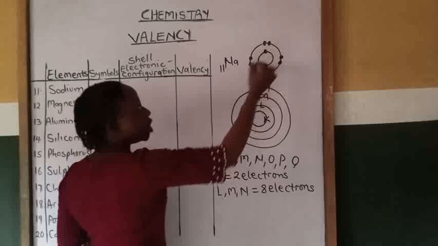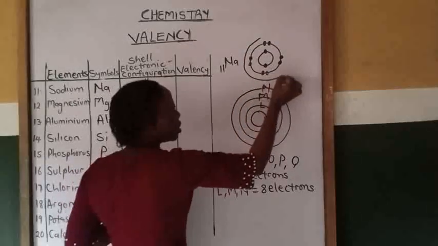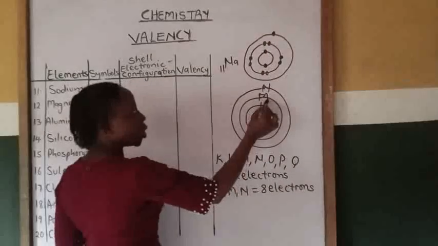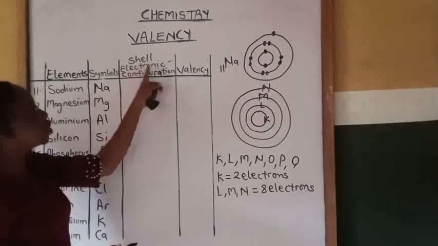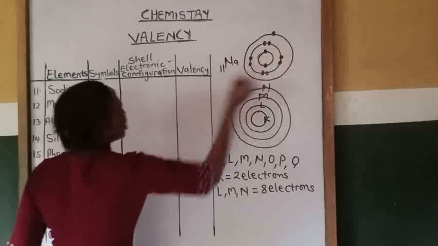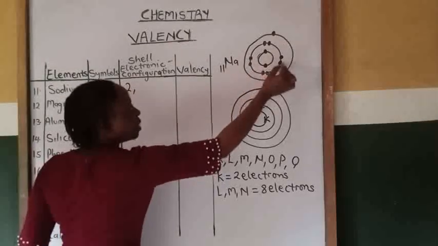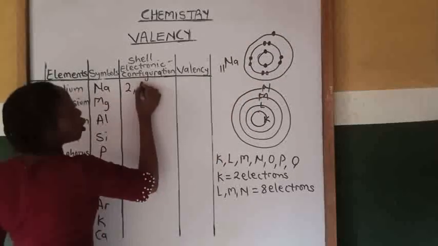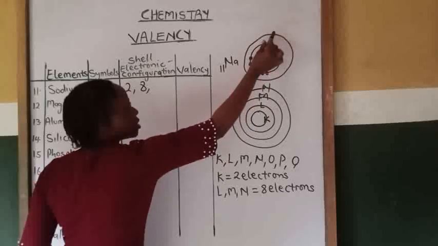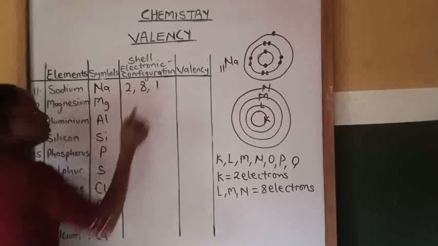So 2 plus 8 gives us 10. The last electron will be on the third shell, which is M shell. So to write the shell electronic configuration, the first shell takes 2 electrons, that is 2, comma. The second shell takes 8. That is 2, 8. Then comma. The third takes 1. So 2, 8, 1. K, L, M shell.